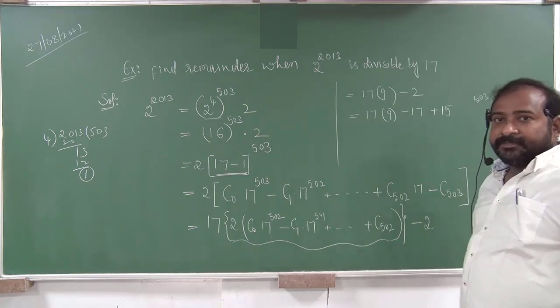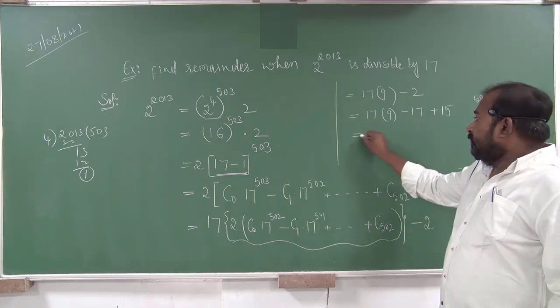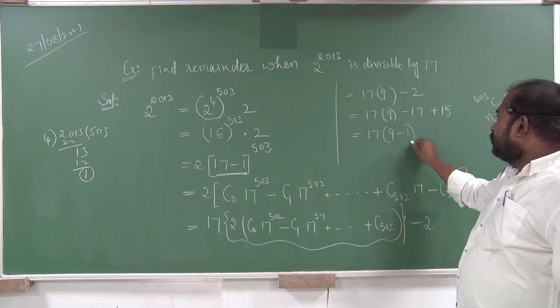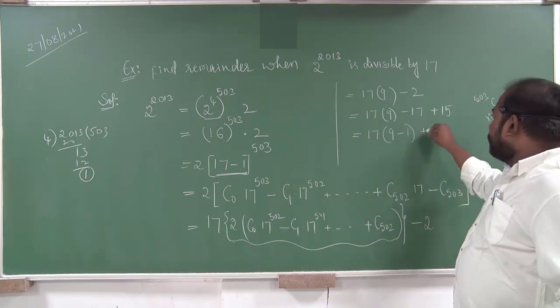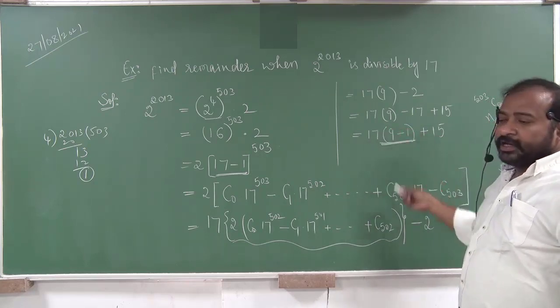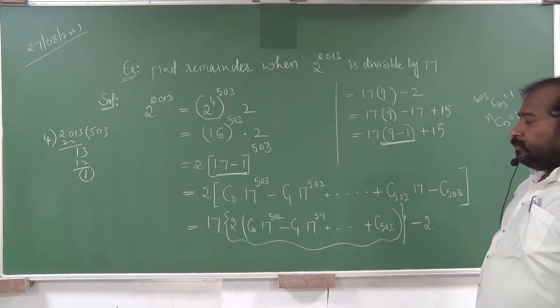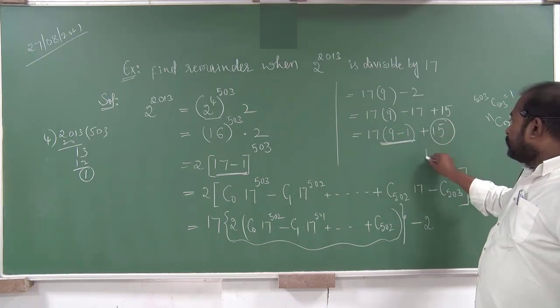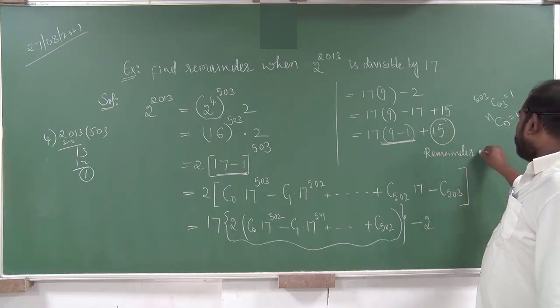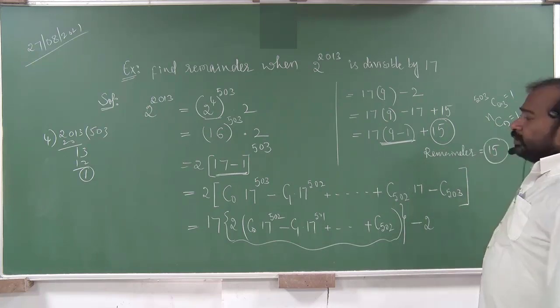Can I write like this? Then simplify. 17 into q is anyway an integral value, minus 1 plus 15. So the whole value is divisible by 17 indirectly, 17 into some value. So automatically what is the remainder you will get, ma'am? Therefore the remainder is equal to 15.